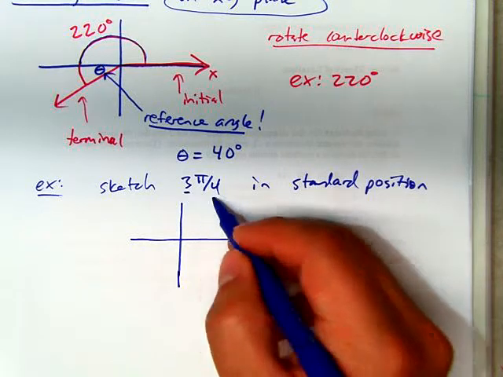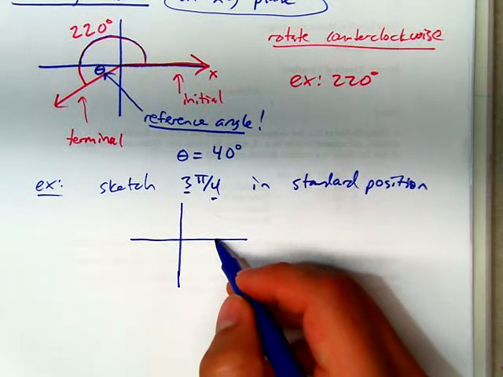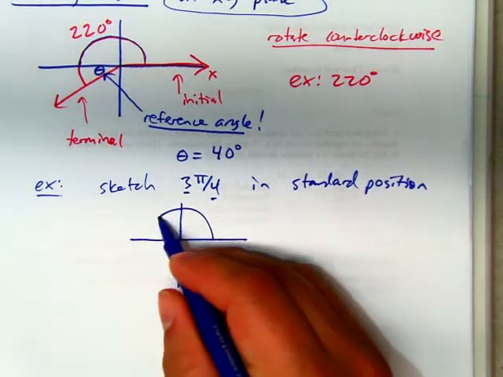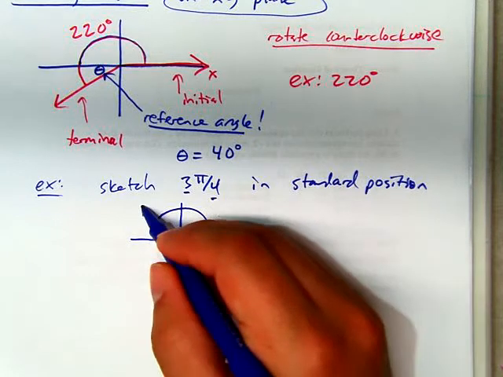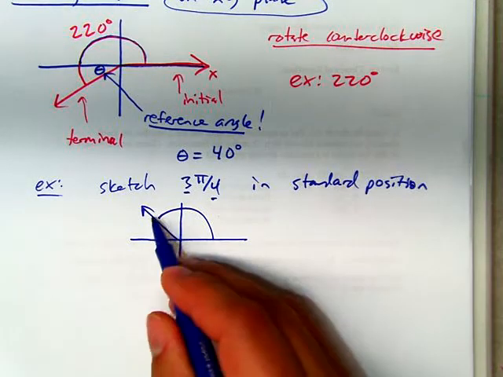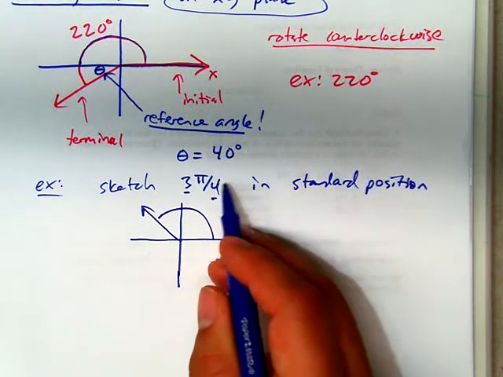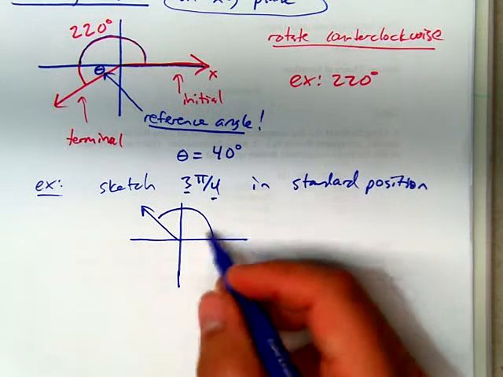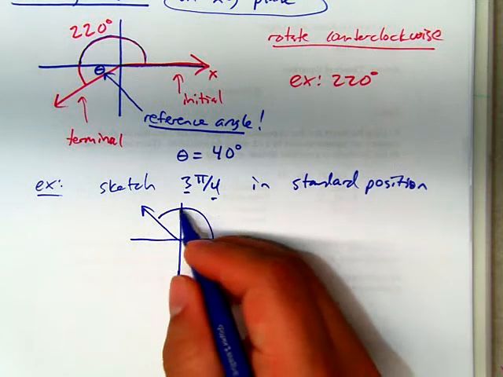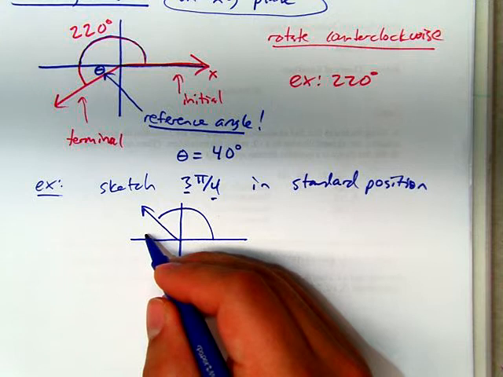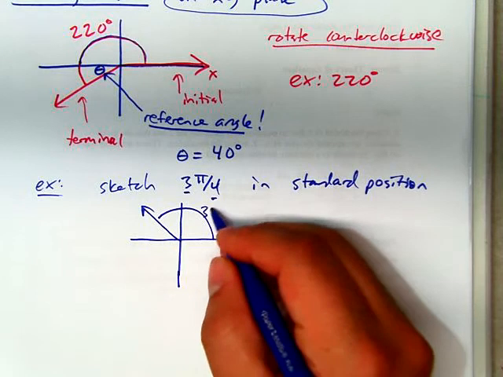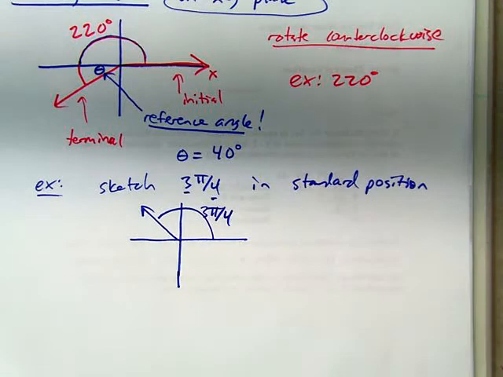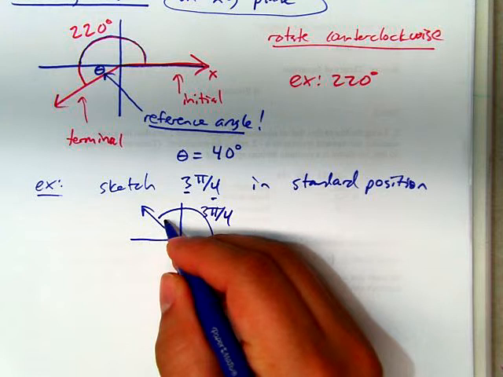But if you see this 3/4 there, that means you're going 3/4 of the way to pi, which we know is 180. If you converted this, you'd get 135 degrees. You don't need to, but since you're going 3/4 of the way to pi, this would be a decent sketch. So 3 pi over 4 looks something like this.